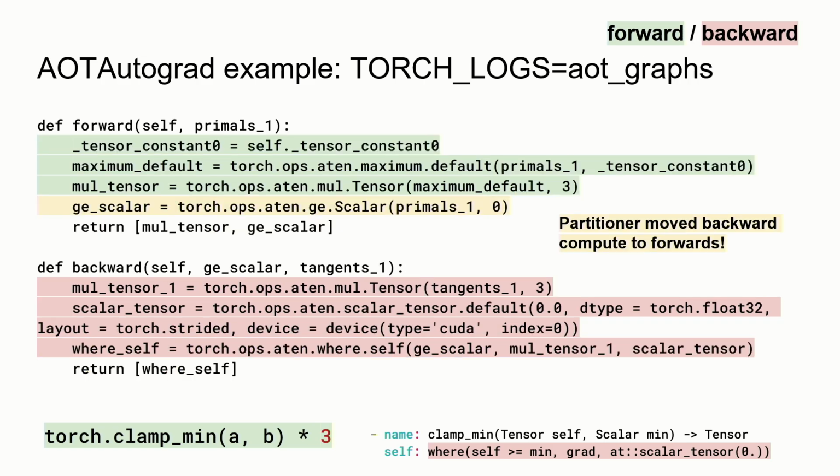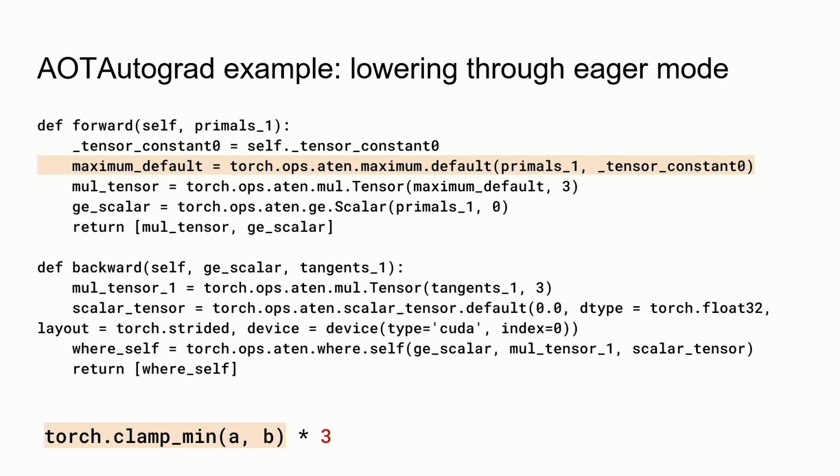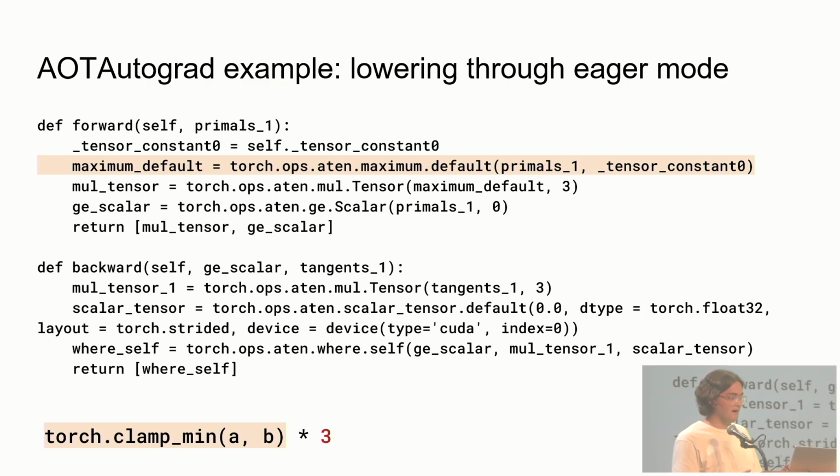AOTAutograd will do a partitioning where we may recompute things in the backward or move things from the backward to the forward in order to minimize global memory reads, which makes things faster and in some cases also is a big memory improvement. So that's our original operator, and the original clamp min API has now been lowered to torch.ops.aten.maximum. So it's gone through a series of decompositions and reducing the operator set.